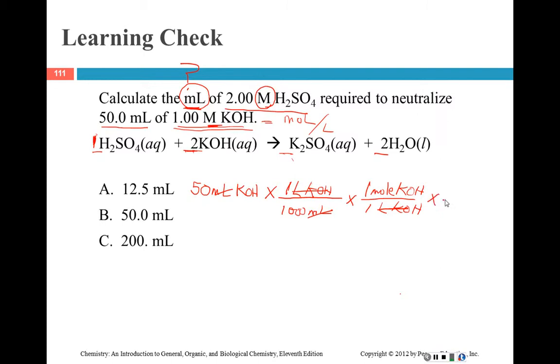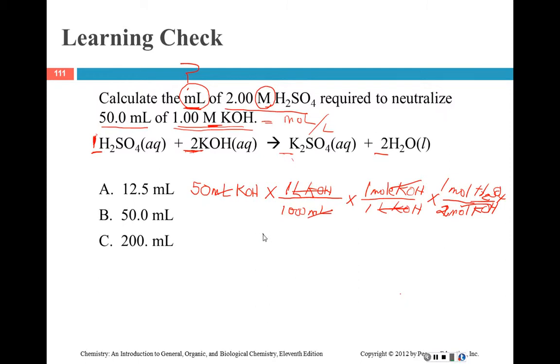How do I get from moles of KOH to moles of sulfuric? I use the molar ratio. Moles of KOH has to go down here so I can cancel. For every 2 moles of KOH, there's 1 mole of sulfuric, and that cancels the moles of KOH.